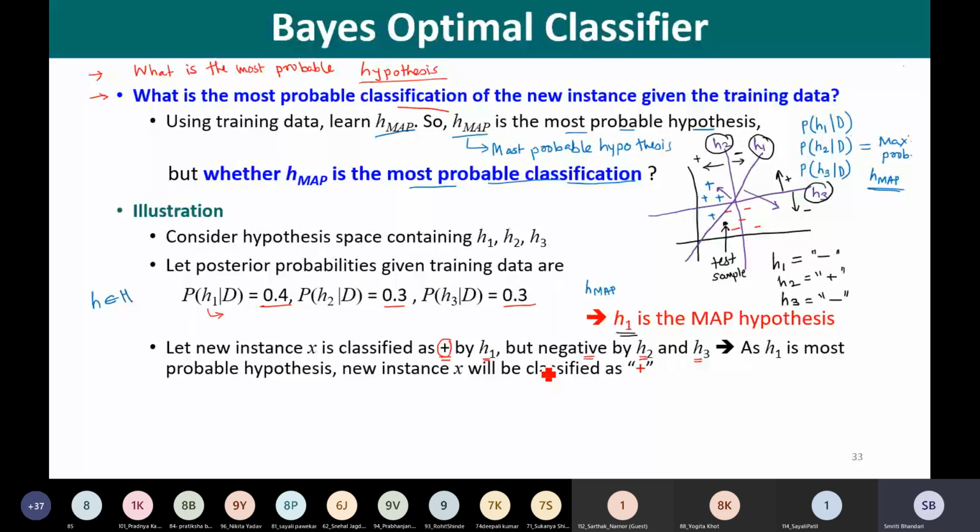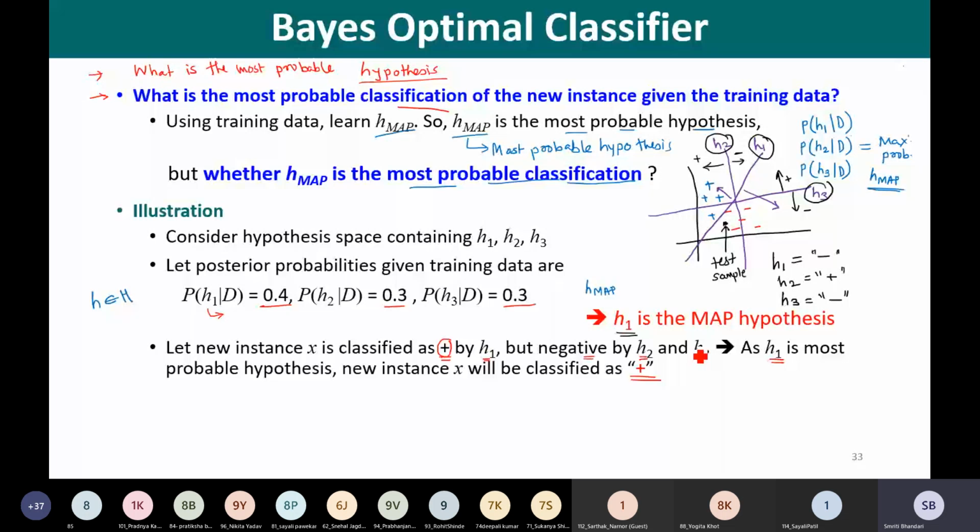Why? Because H1 is classifying it as positive and H1 is our most probable hypothesis. So we should pick that. And according to H1, that instance X needs to be classified as positive. So we will declare the class of the new sample as positive class.